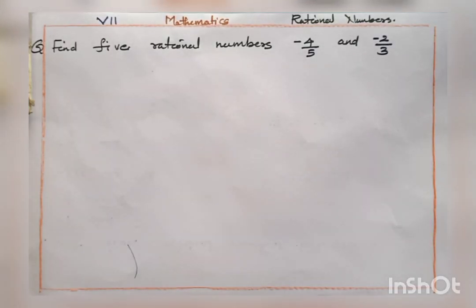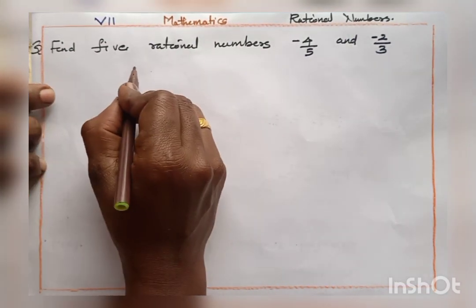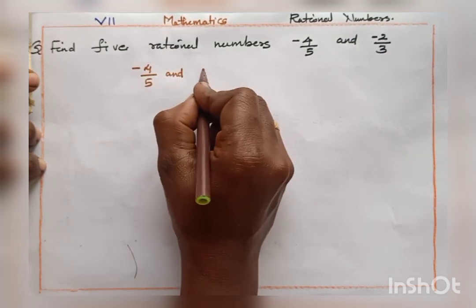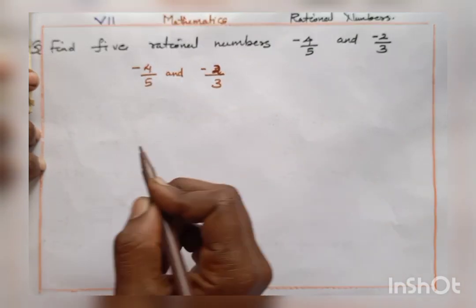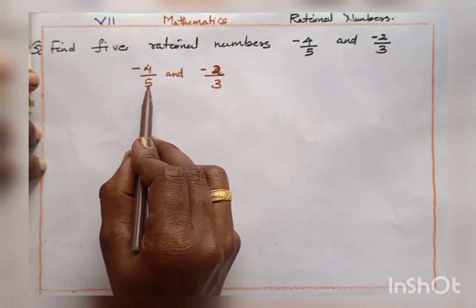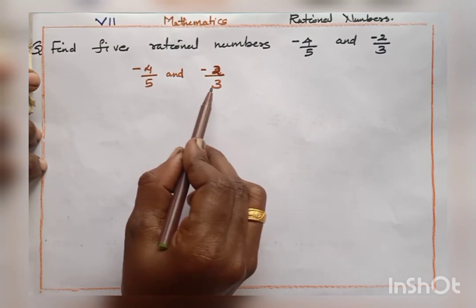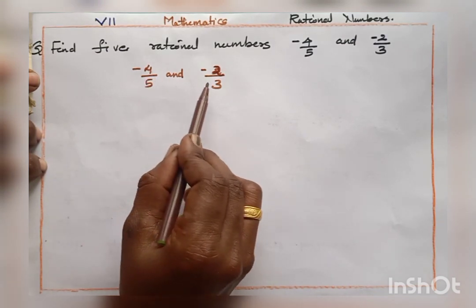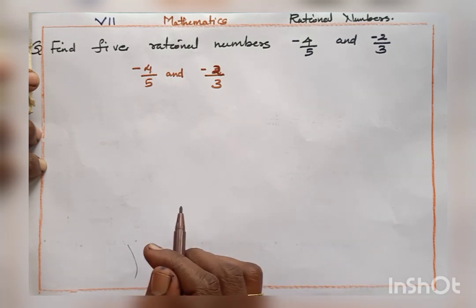Find 5 rational numbers between minus 4 by 5 and minus 2 by 3. Listen here, the denominators are different. In this case, we want to change these rational numbers into equivalent rational numbers.